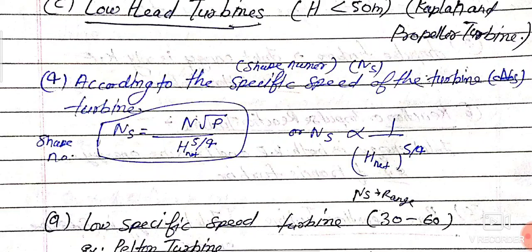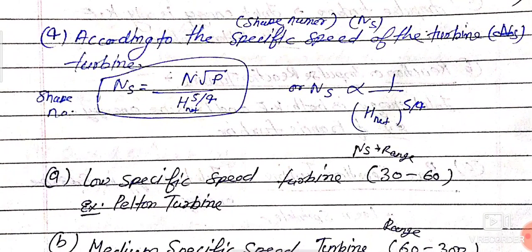Specific speed is that speed at which the turbine acts at unit power and unit head. Speed is inversely proportional to net head to the power 5 by 4.